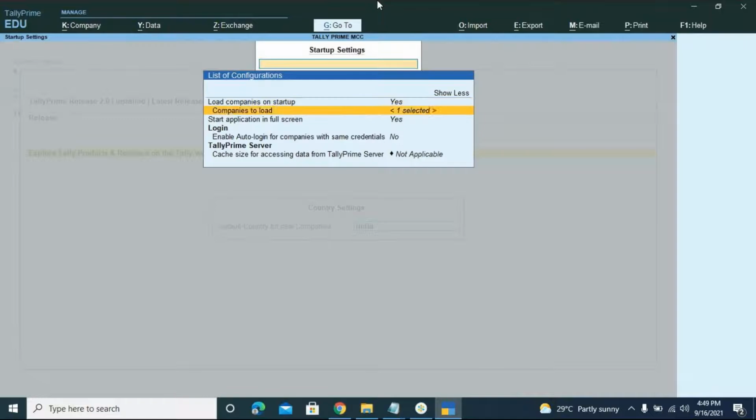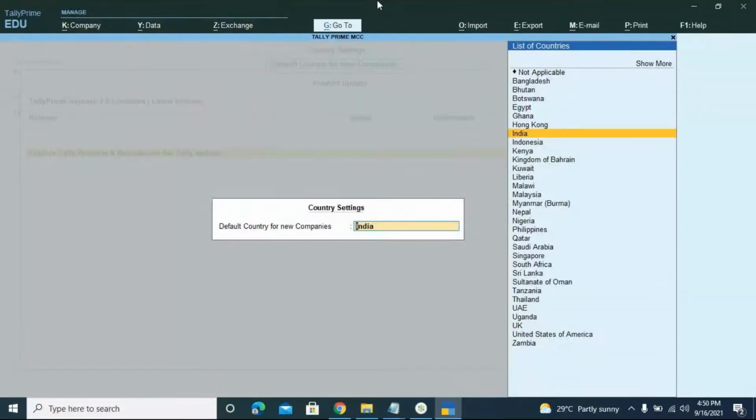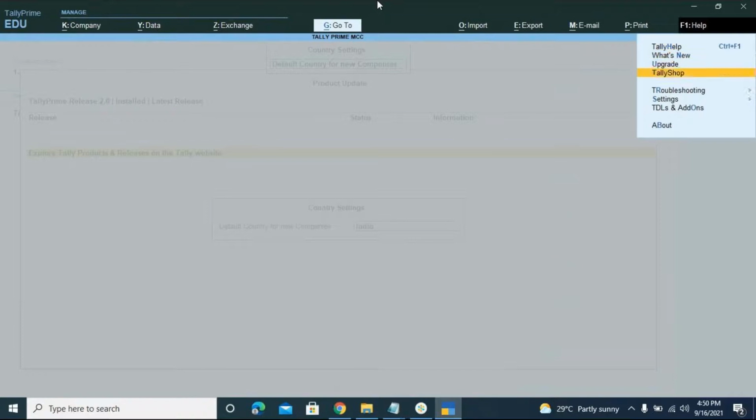In case you want an auto login, for example, you have more than one company created with the same credentials and same information, instead of having a separate login for each of the companies, you can go for a common login. So here if you give it as yes, auto login means it will take up the same login.